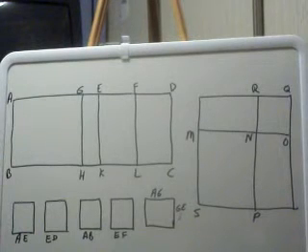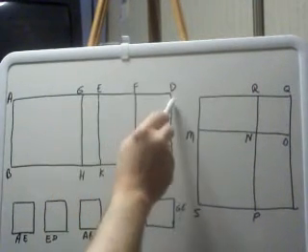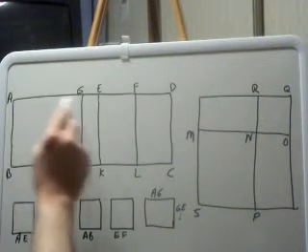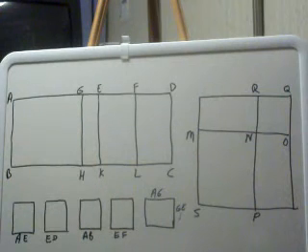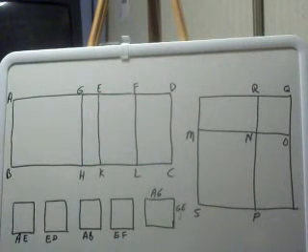And since AE is incommensurable in length with ED, since this is incommensurable in length with this, while AE is commensurable in length with AG, while all of this is commensurable with this, and ED is commensurable with EF, this is commensurable with this, therefore AG is incommensurable with EF.